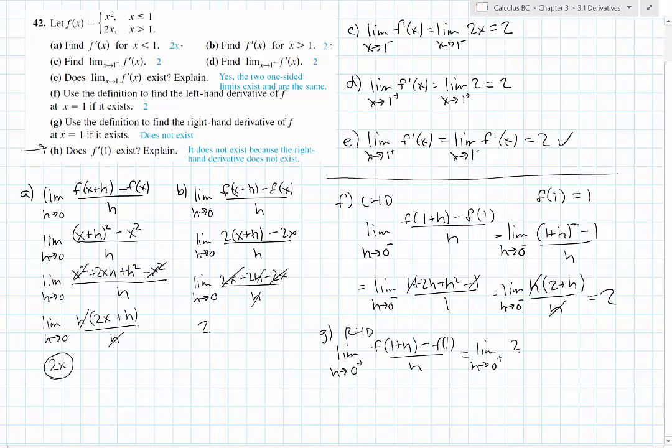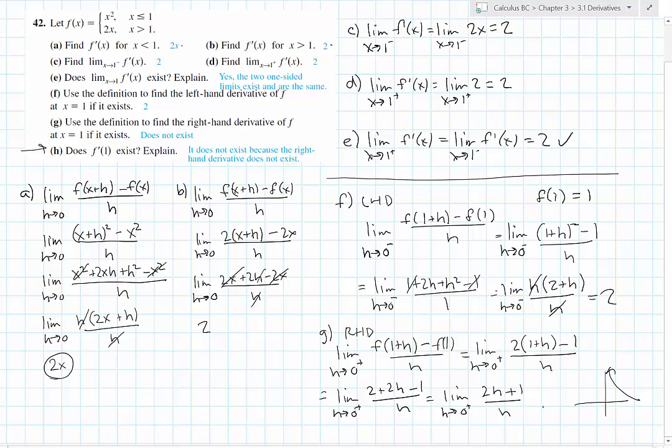So that's going to be 2 times 1 plus h minus f of 1, which is 1, over h, which is equal to the limit as h approaches 0 from the positive side of 2 plus 2h minus 1 over h. And you'll see that in this particular instance, we do not get that nice cancellation. In fact, if we were to graph this, as h goes to 0, this thing goes way up and ends up equaling infinity, or that limit does not exist.